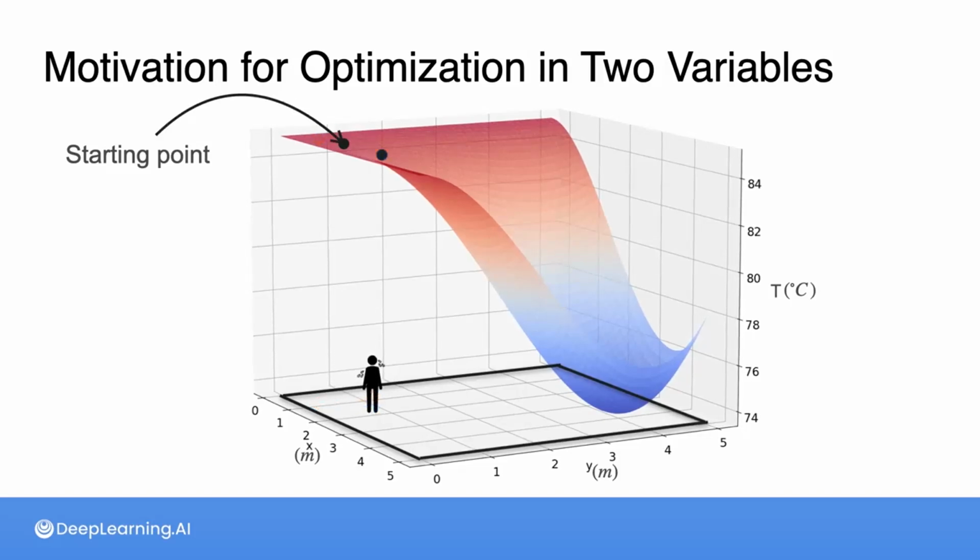Let's continue moving in some random steps and checking which one took us to a colder place, and continue doing this. So it's believable that if you do this for a while, you will be able to take steps that take you to the coldest place in the room. And how do you recognize the coldest place in the room? Well, just like before, it's a place where if you walk in any direction, you get hotter. There's no way to get colder by taking a step in any direction.